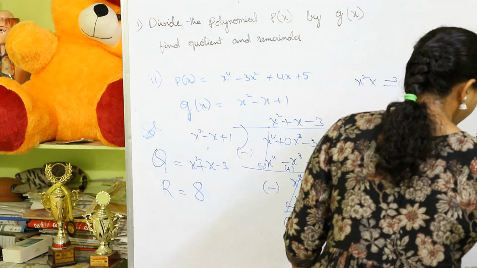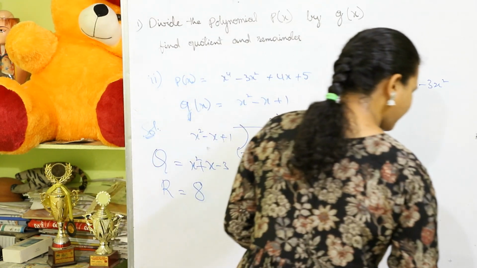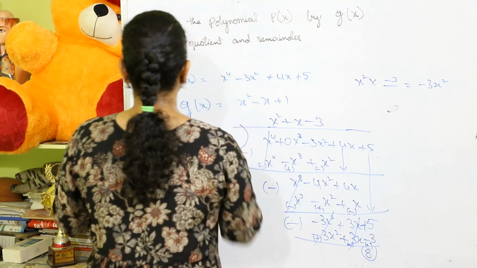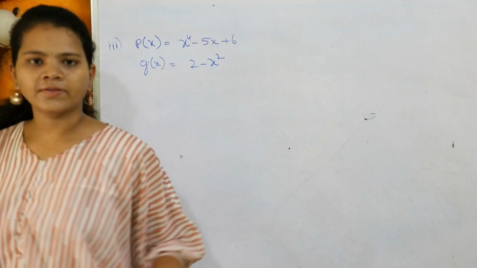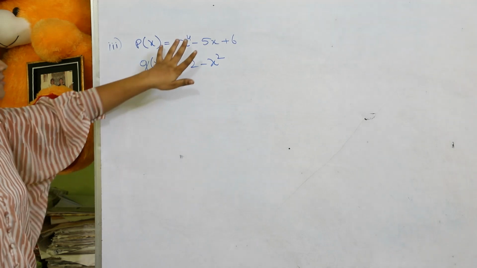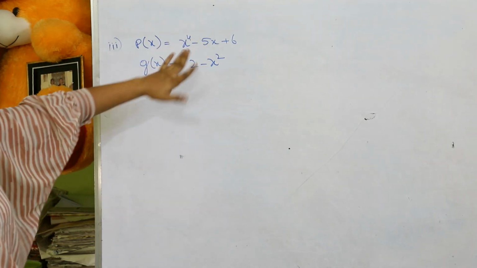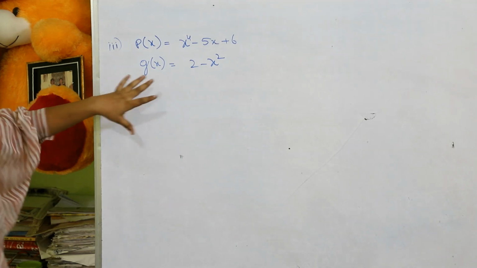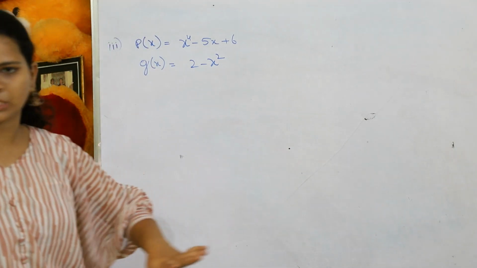The third one here you have is x power 4 minus 5x. Wait a minute, guys. Now here, they have given the p of x value and g of x value, where p of x is x power 4 minus 5x plus 6, and g of x, in the textbook, they have given as 2 minus x square.